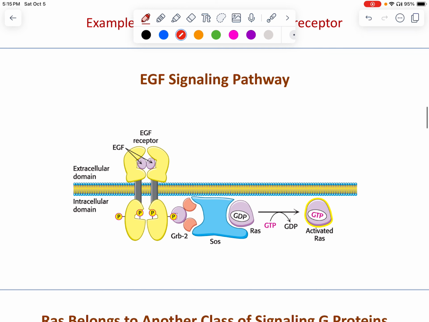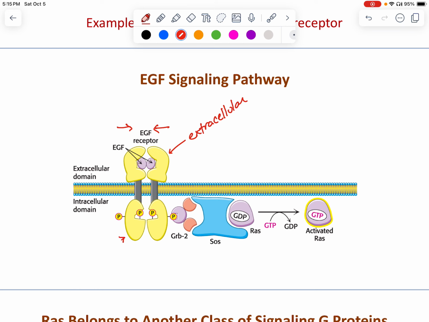When this epidermal growth factor bonds right here to the receptor, it again pulls these closer together, right? When it's bonded, it's pulled these two monomers close together. Now in this case, the extracellular portion, on the outside of the cell, is where the EGF binds.